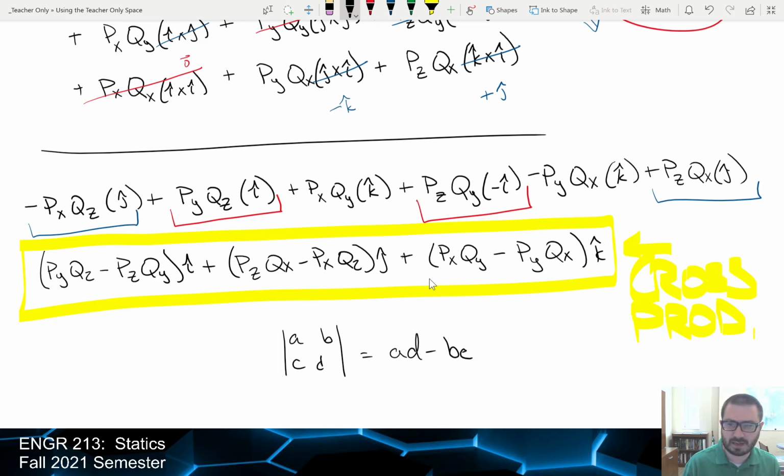What's being multiplied by these components here, like for the J vector, PZQX minus PXQZ. It's almost like, maybe if it was like a determinant. Instead of figuring this out, I'm going to show you that's actually what we're going to do here in a bit.